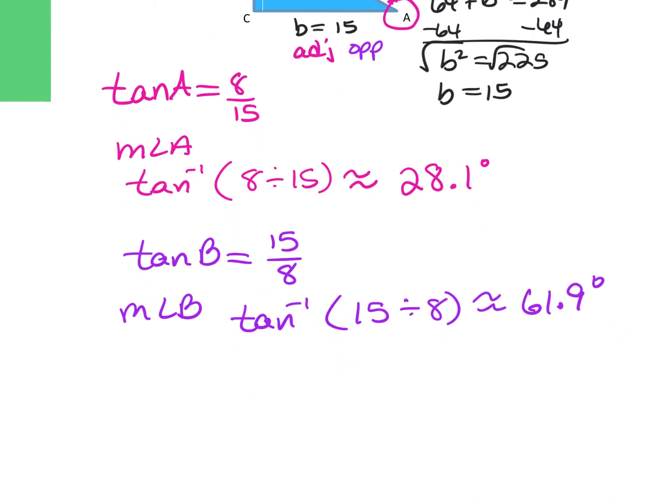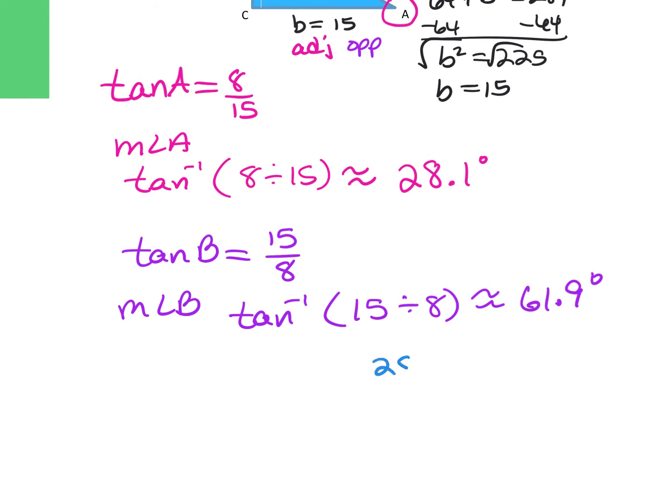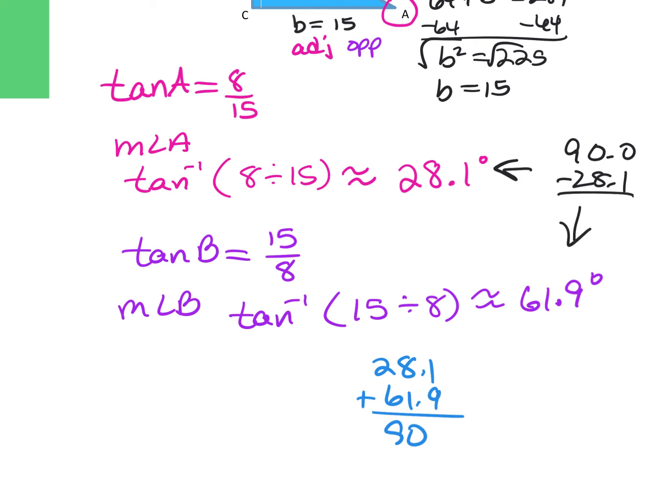Again, you can go back and add 28.1 and 61.9. If they don't give you 90, you've done something wrong. Again, if you were running out of time, and let's say you still had to find B, and you didn't want to do the tangent ratio, remember you can also take this and just do 90 minus 28.1. It'll still give you that answer as long as you did the calculations correctly.